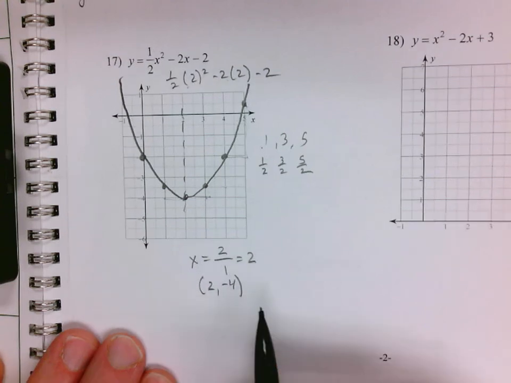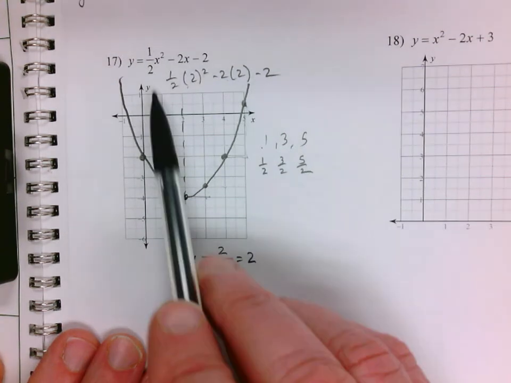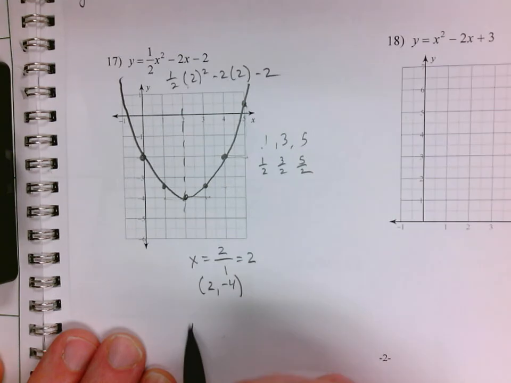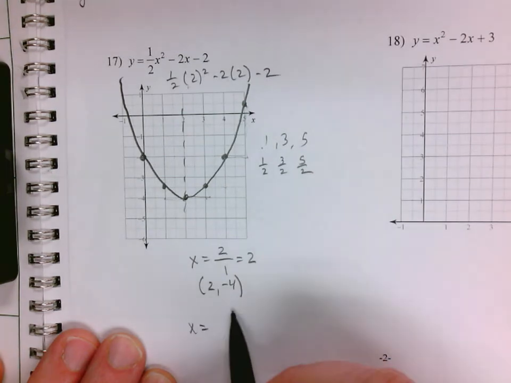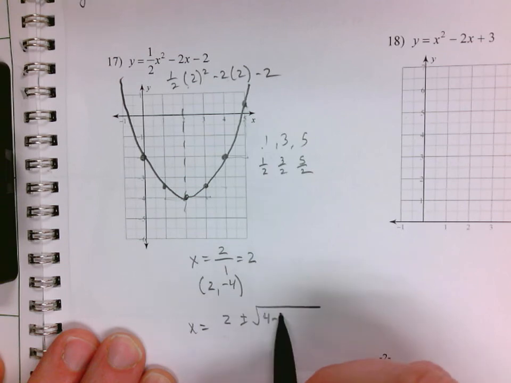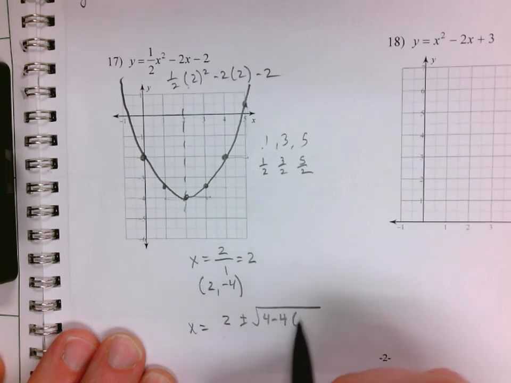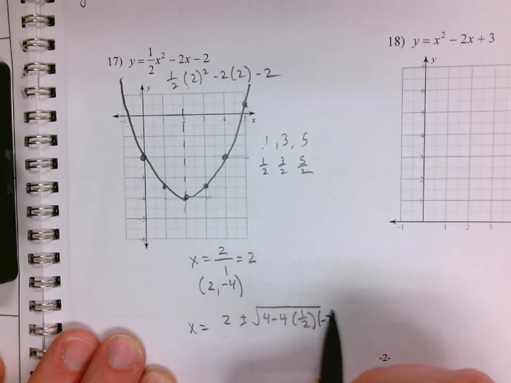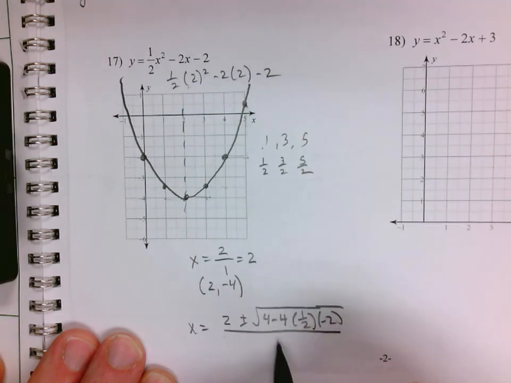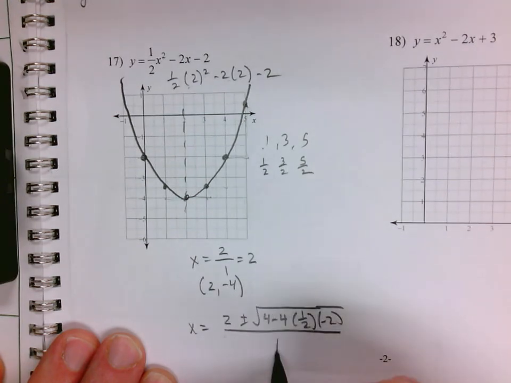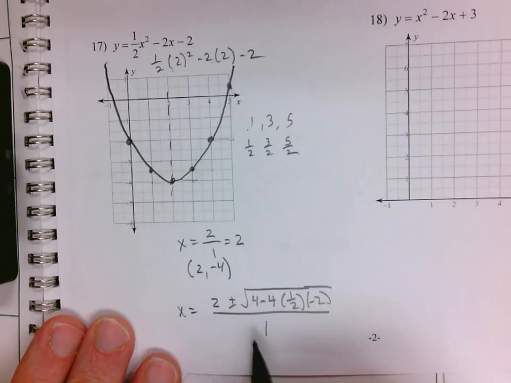I would just go to the quadratic formula. Opposite of b, plus or minus square root of b squared minus 4 times a times c all over 2a. And then simplify from there. You could also complete the square if you want.